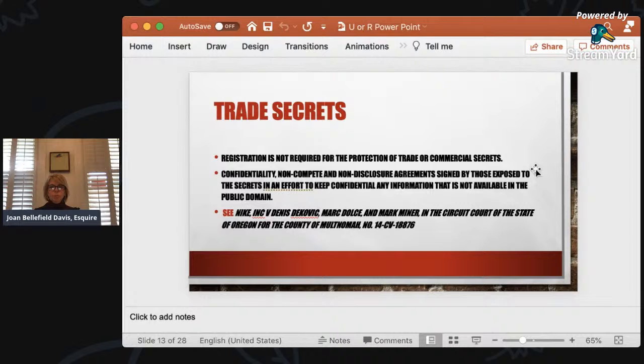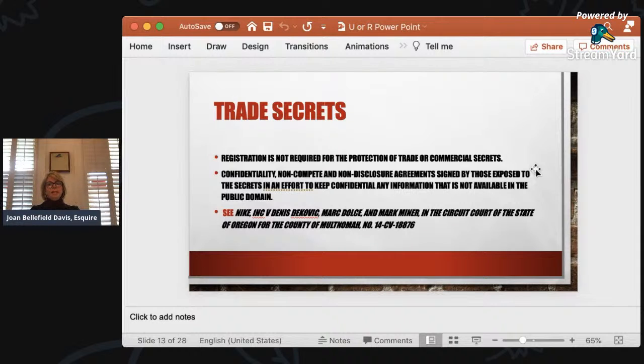For example, if you went to work for a company and you knew recipes or you knew what the new designs were coming out the next season, one of the things that most employers would probably get you to sign is in your employment agreement is that you wouldn't reveal those secrets to anyone else.